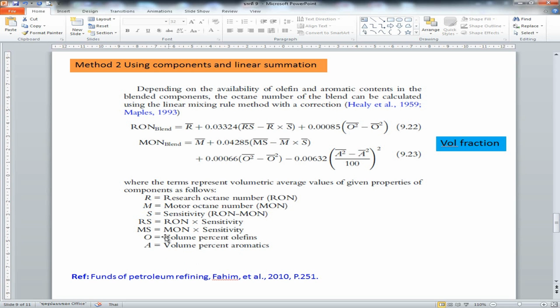After we know the O and A here, and also the octane number for each one, we can put that in this equation. And then we can use the summation of this in terms of volume fraction.